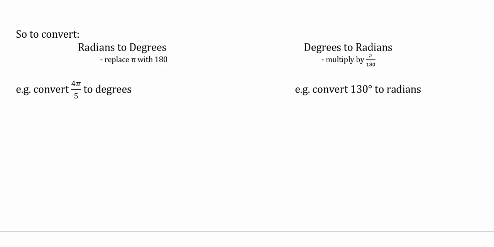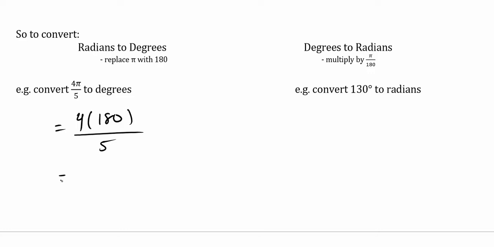So if we're converting radians to degrees, all you do is replace pi with 180 and then simplify. So 4 pi over 5 radians. Again, that's a number, and it's a number of radians in this case, is equal to 4 times 180 over 5.